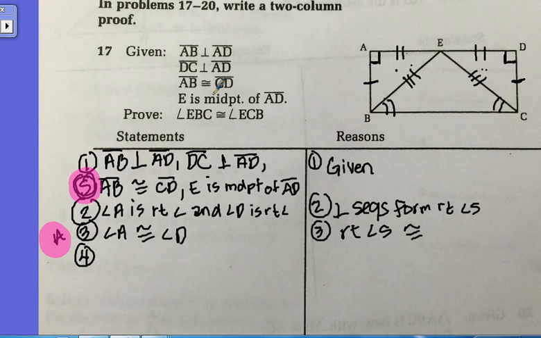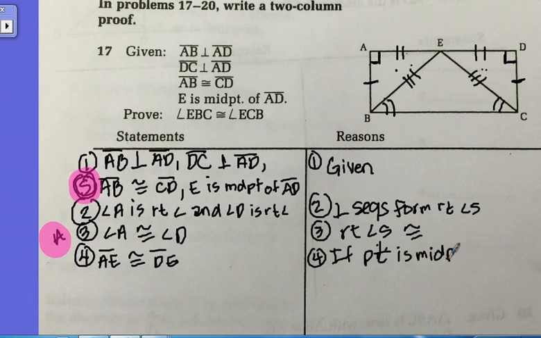Continuing on. The next thing we have is E was the midpoint. So we're going to work off of this statement here. We're going to state that seg AE is congruent to segment DE, because if point is midpoint of seg, divides seg into two congruent segs.